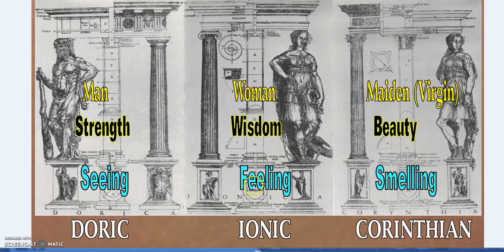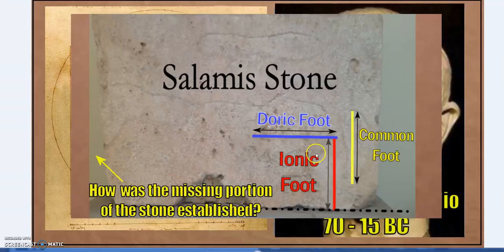Now, Doric represents man, or a column of strength. That's that very simple column. The Ionic represents the column of wisdom linked to the woman with those curls, and the maiden or the virgin, column of beauty, Corinthian. But Doric and Ionic are most important, because we go back to the Salamis stone. There's the original stone, which incorporates the Doric, Ionic, and the common foot, as well as the Samian.